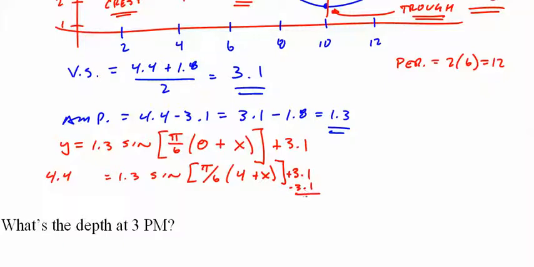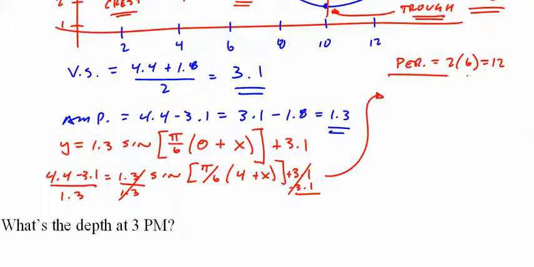Subtract 3.1 from both sides. Divide 1.3 from both sides. We get up here with 1 equals sine of all this nonsense, pi over 6, 4 plus x.